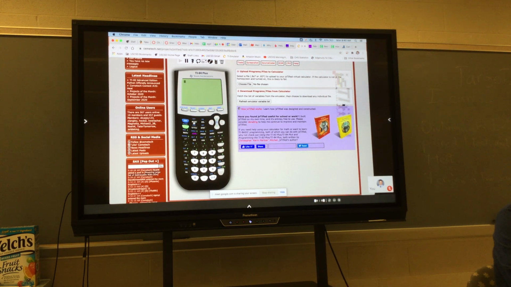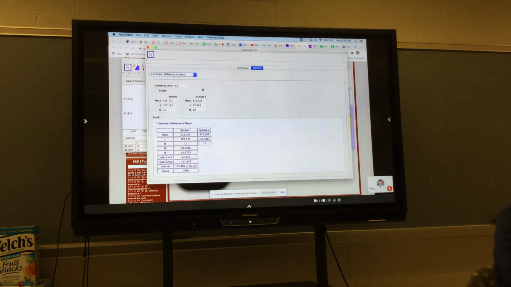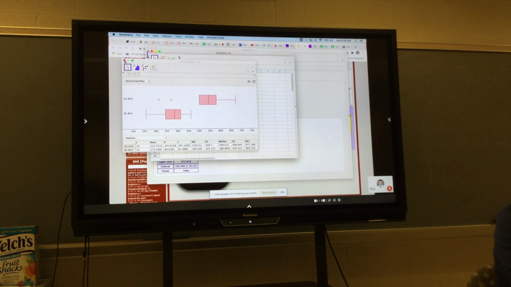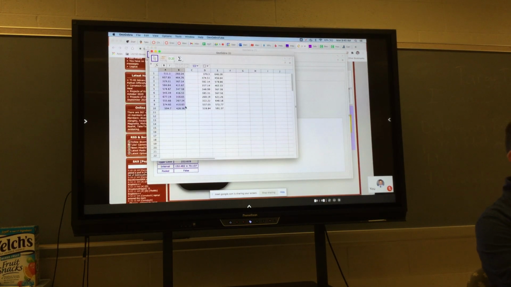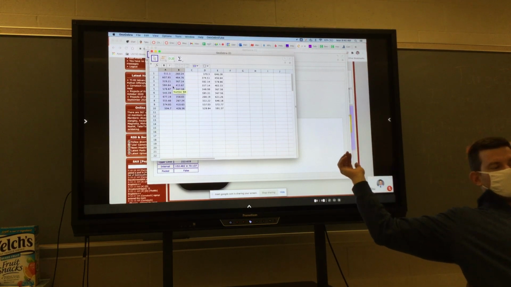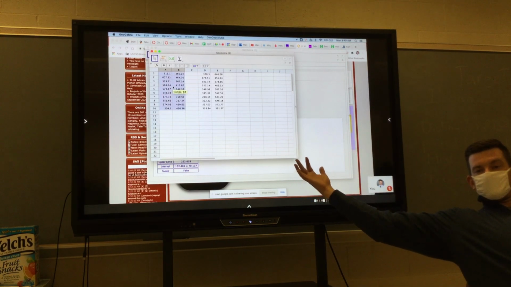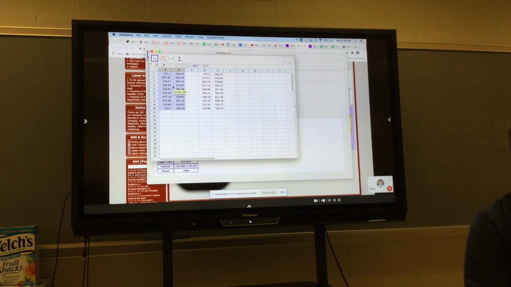With GeoGebra, what you're doing is using your sample data. Now, I got this from the spreadsheet of shared data that I reference on your homework.